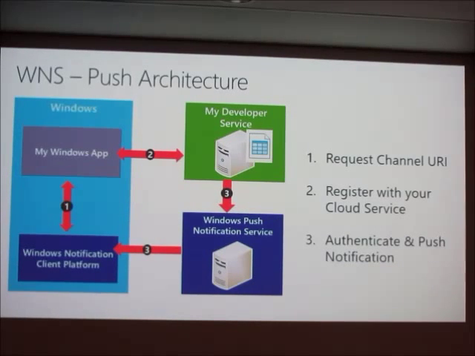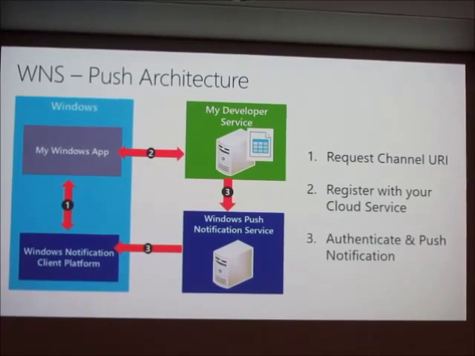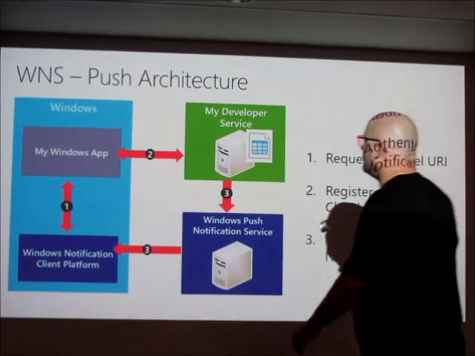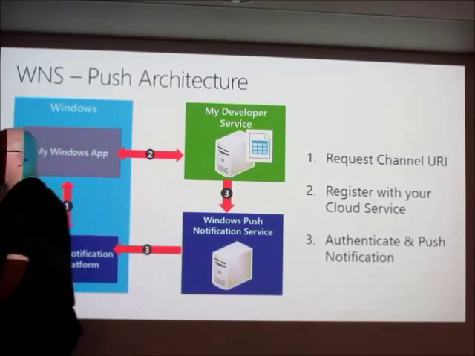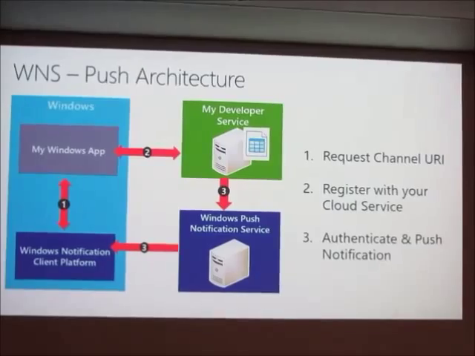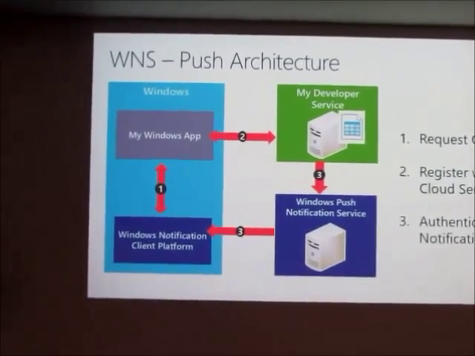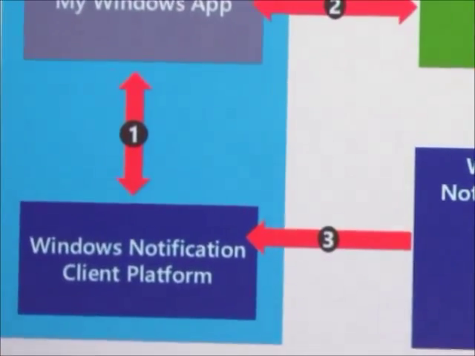Okay, so what you start off with is, in Windows, you have your Windows app, okay? It will push out to a notification client platform, okay? So it basically says to Windows, I want to be notified when new stuff happens, okay?